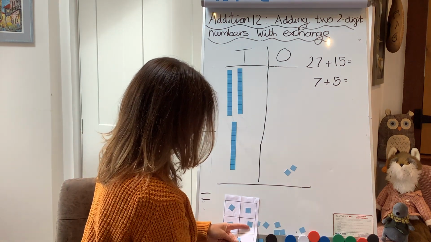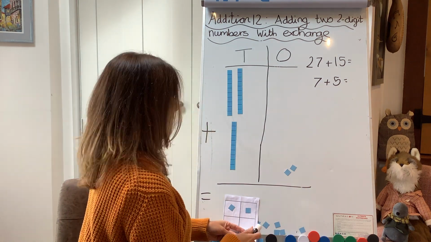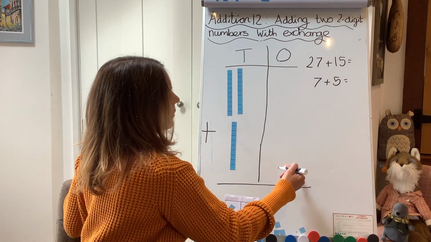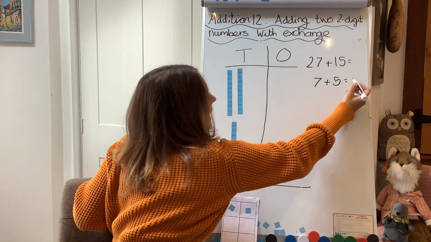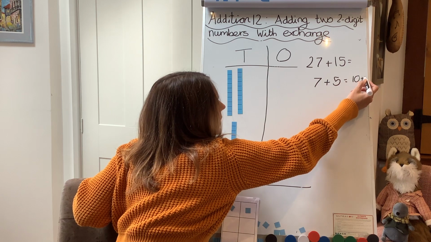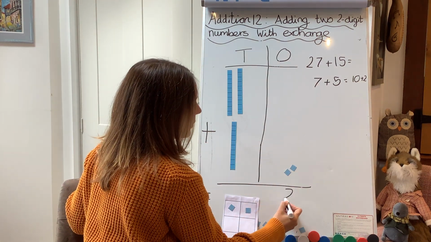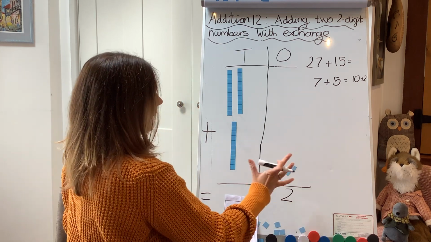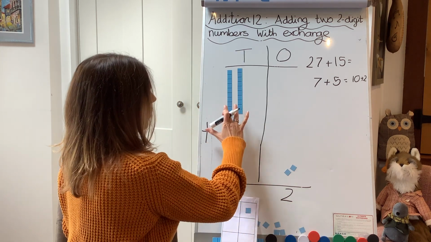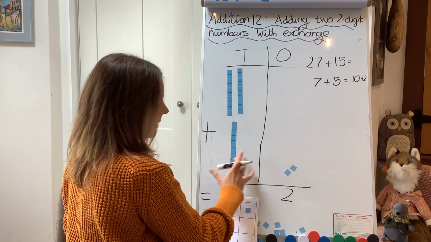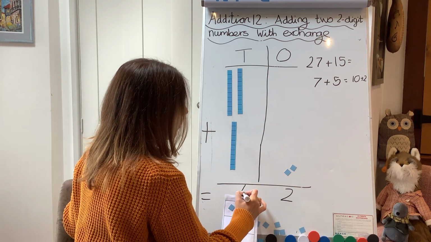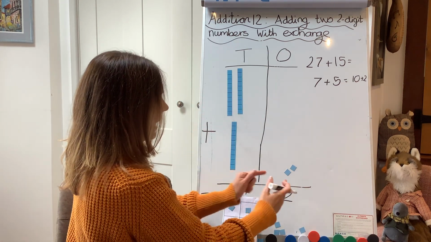So we have got 2 ones because it made 10 and 2, it made 12. So what we can do is write down, we've got 2 ones there, and here we have got 1, 2, 3 tens and this other 10, so we have got 42.